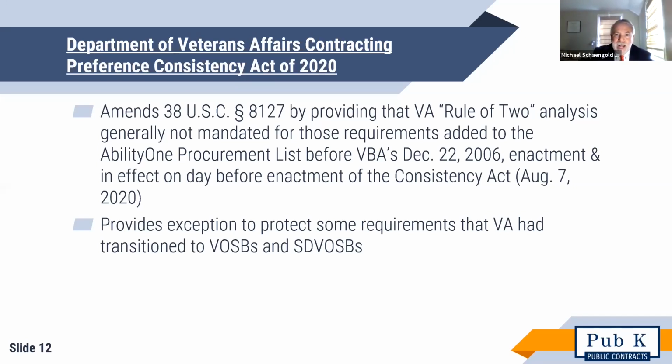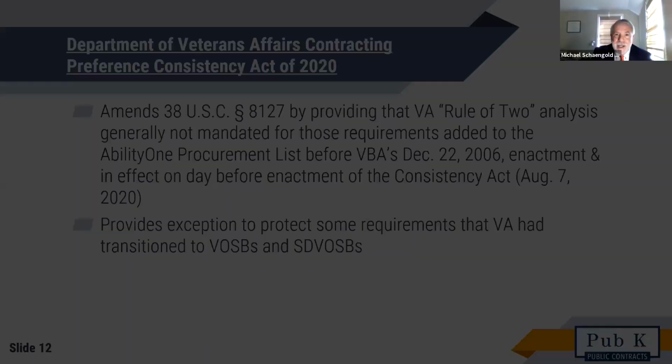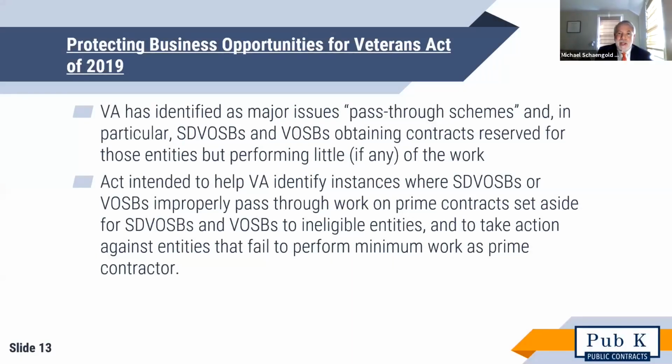So moving on to slide 13. On October 30, 2020, President Trump signed into law the Protecting Business Opportunities for Veterans Act of 2019. This act amends 38 U.S.C. Section 8127, which we just discussed, to add a new subsection, limitations on subcontracting.